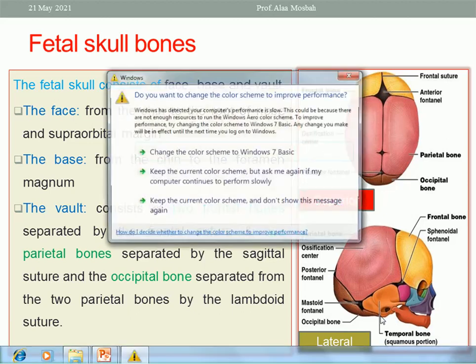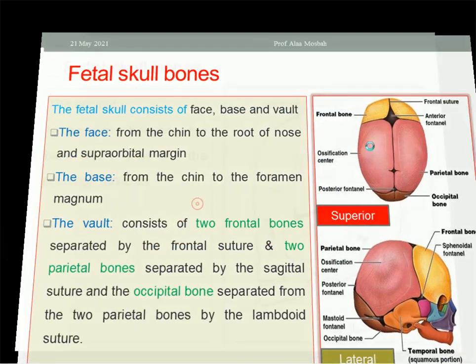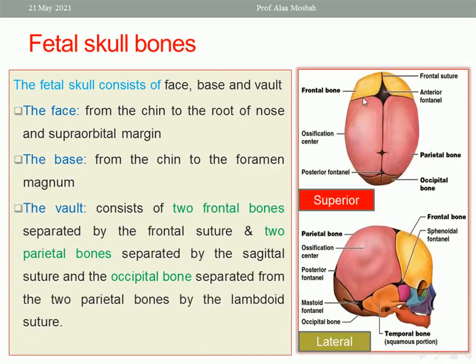The vault, you will see it in the superior view here, formed of frontal bones, anterior fontanelle, two parietal bones, posterior fontanelle, occipital bone.